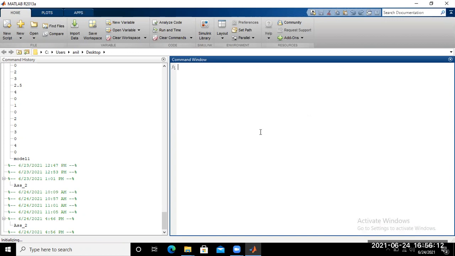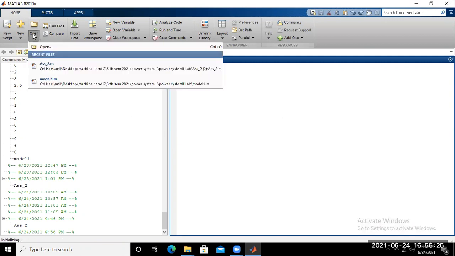Yeah, so this is the interface of MATLAB where we can write a program for the impedance matrix.